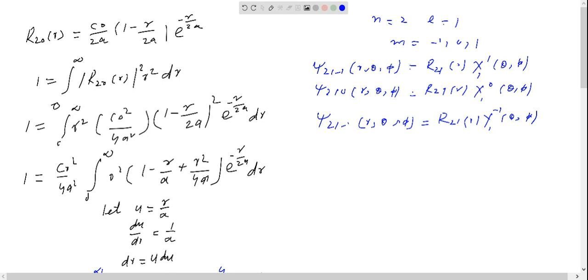Now we will find out the normalization constant C naught.